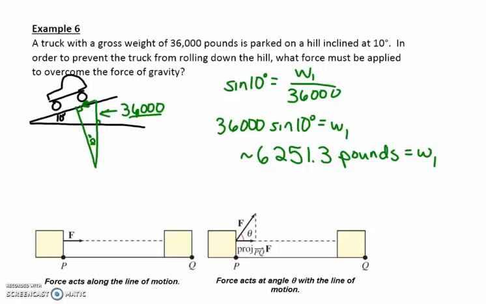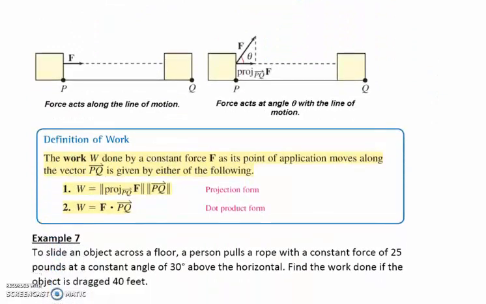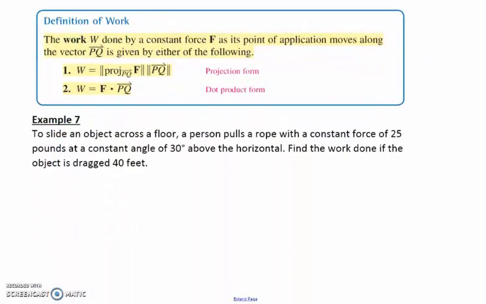All right, let's take a look at example number 7. All right, so now we're talking about work. So to slide an object across a floor, a person pulls a rope with a constant force of 25 pounds at a constant angle of 30 degrees above the horizontal. Find the work done if the object is dragged 40 feet.